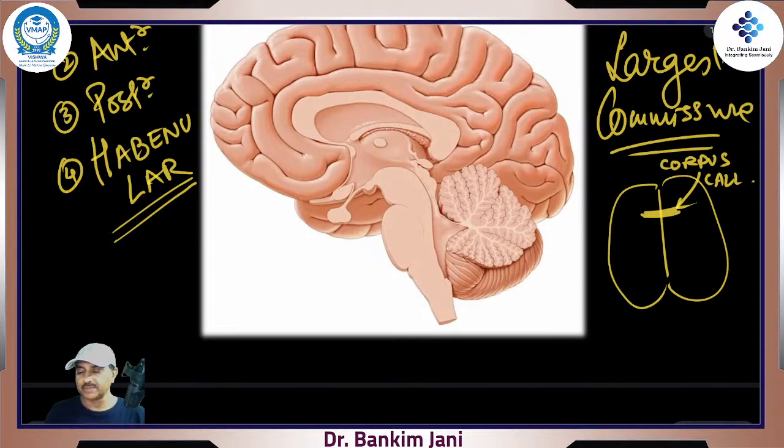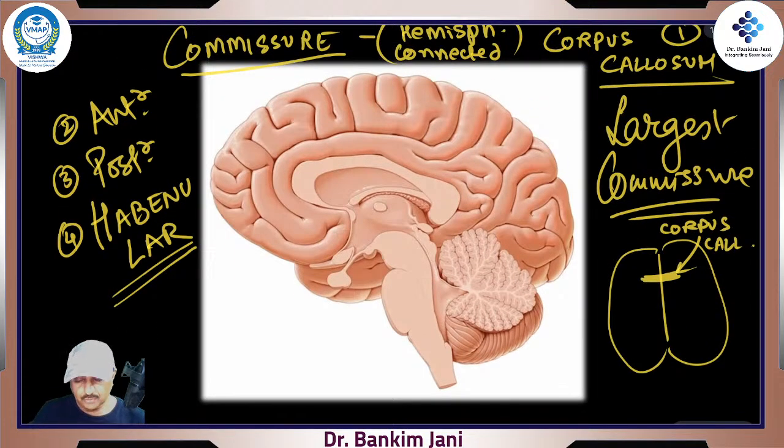We are watching this from the basal view. Where would be the anterior commissure and where would be the posterior commissure? Obviously, they will be located in the anterior and posterior part, so let's add them into this.